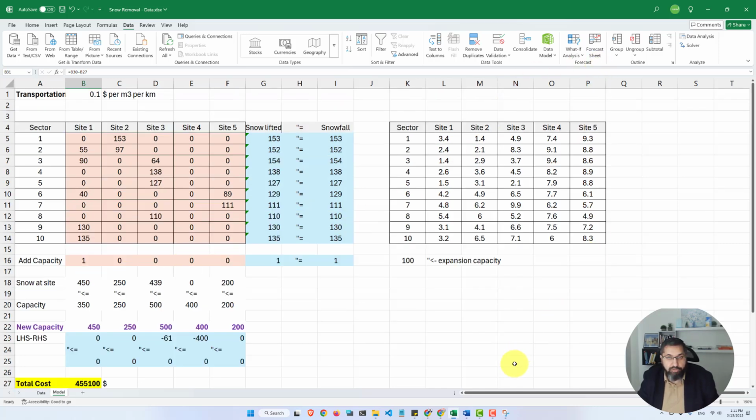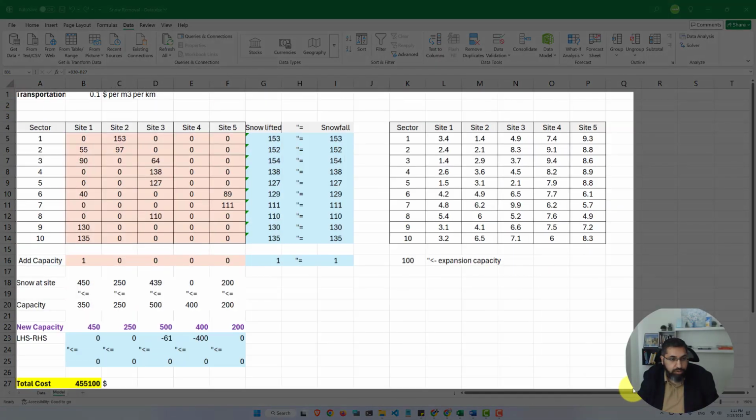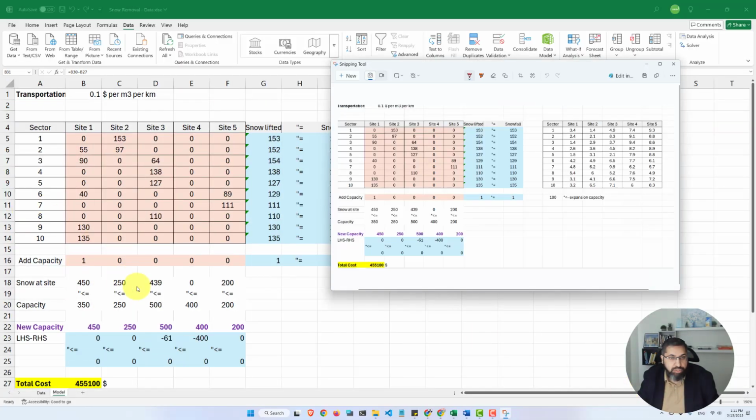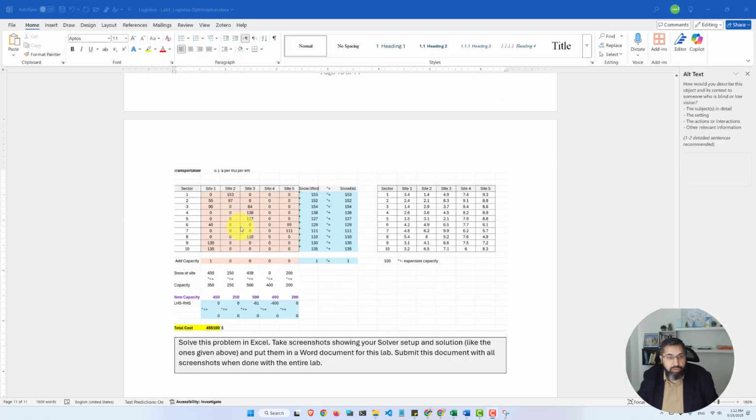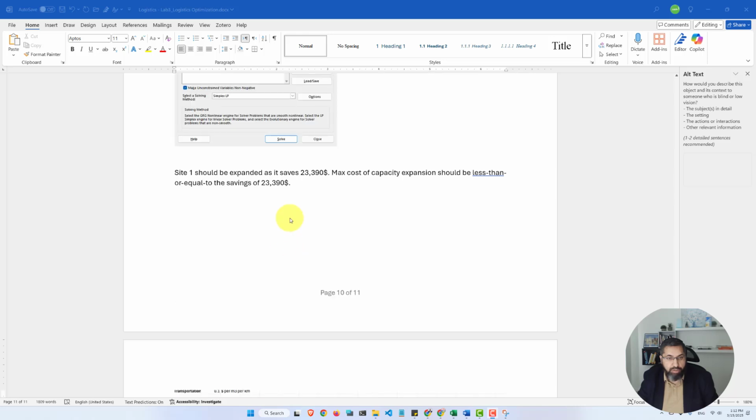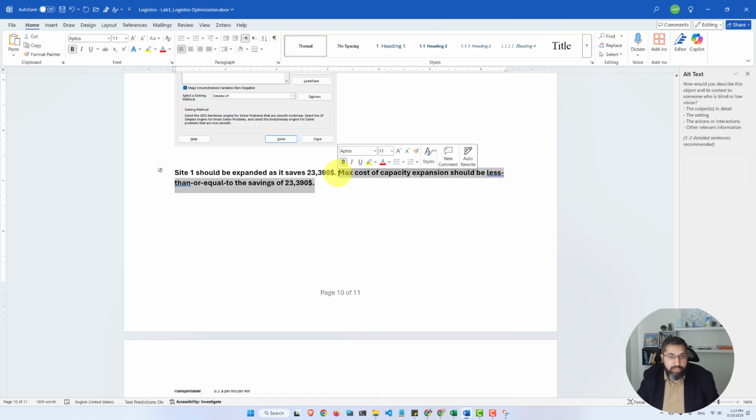So again, for this question, you'll take a screenshot of this model, okay? And then you'll type up your answer in the Word document. Okay, so here I've put in the screenshot in the Word document, and I've typed up my answer. That site 1 should be expanded as it saves $23,390. Max cost of capacity expansion should be less than or equal to the savings of $23,390.